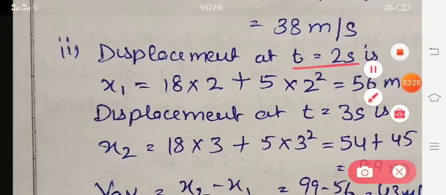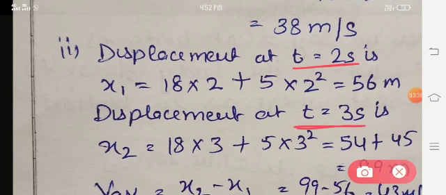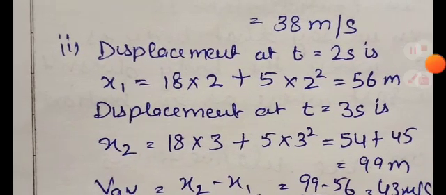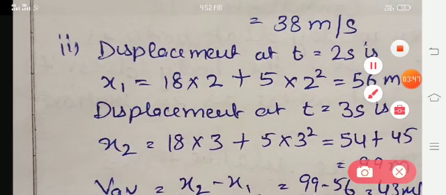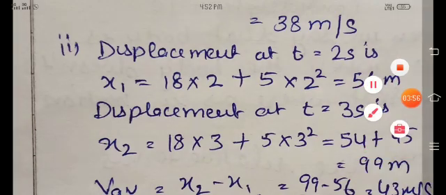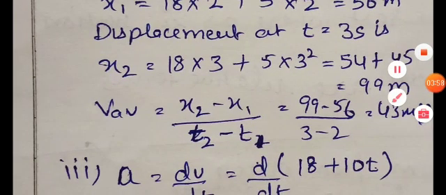Similarly, by putting the value t equal to 3 seconds, you can find x2, that is the displacement at 3 seconds. So you get these values at different time instants, 2 and 3 seconds: first is 56 meters and second is 99 meters. Now you have to find the average velocity.